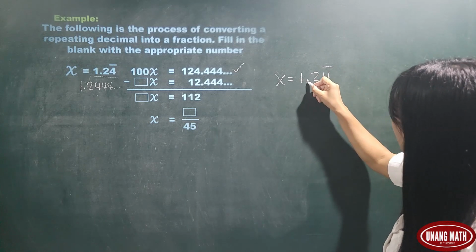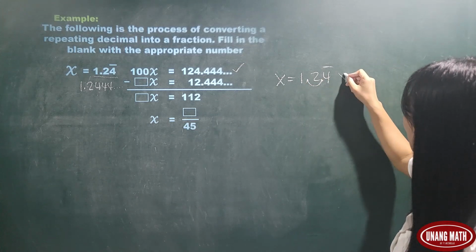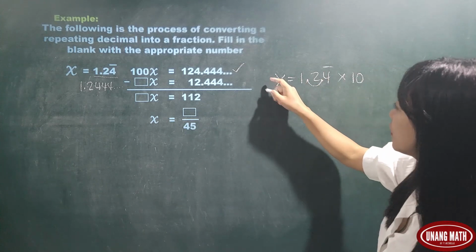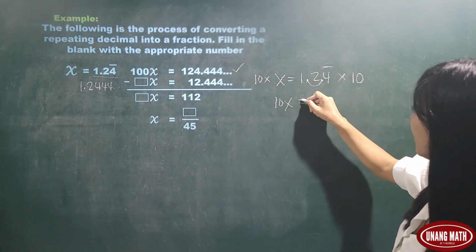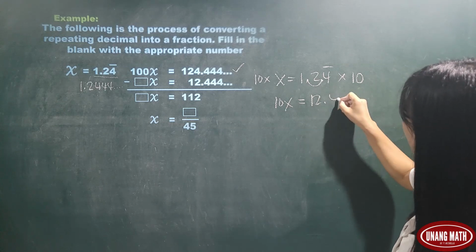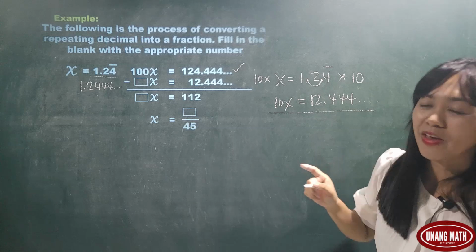So it means we have to move this one time to the right. Moving one time to the right is multiplying by 10. So here is 10 times x also. So we have 10x is equal to 12.444 repeating. So this is our second equation.